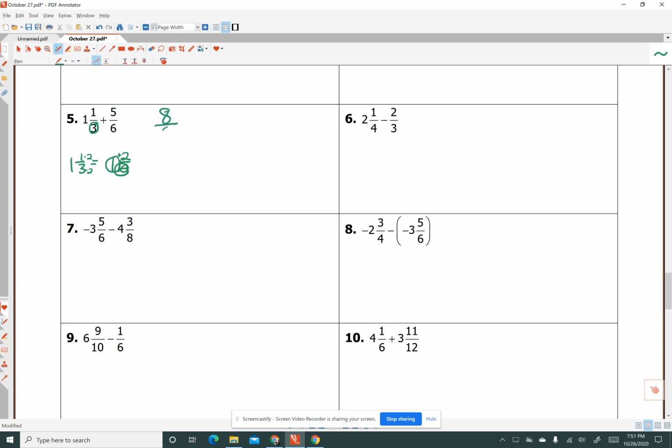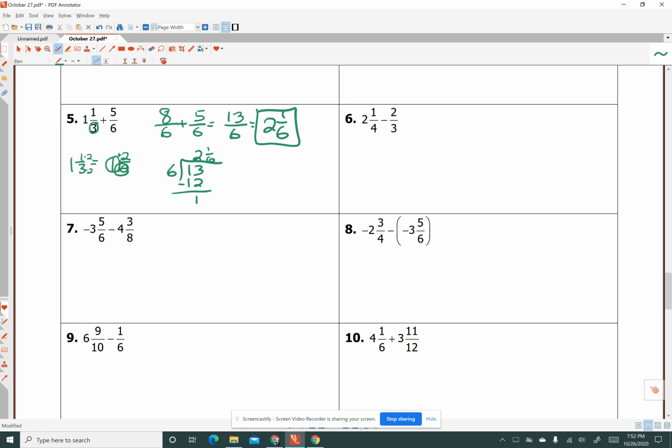So we have 8/6 plus 5/6, which equals 13/6. And if we divide 13 by 6, we will make that a mixed number. So 2 times 6 is 12, with 1/6 left over. And that's our final answer.